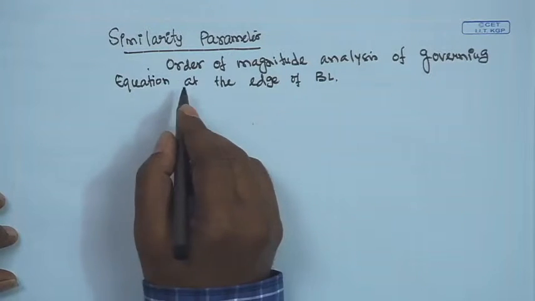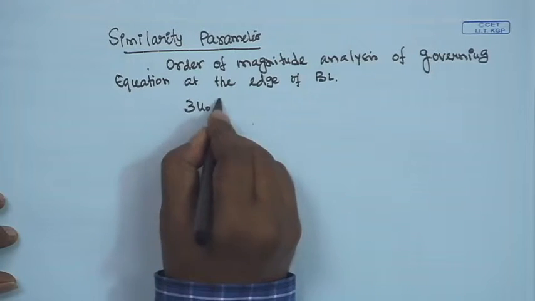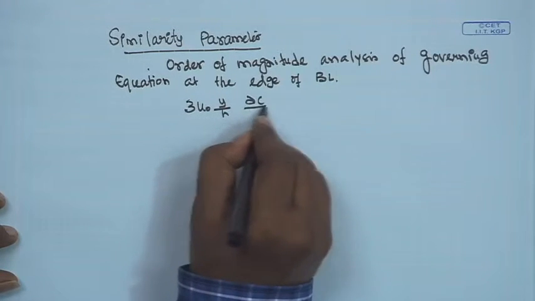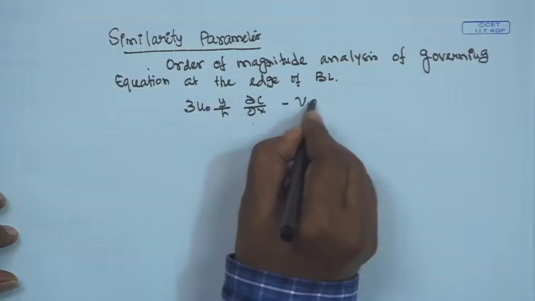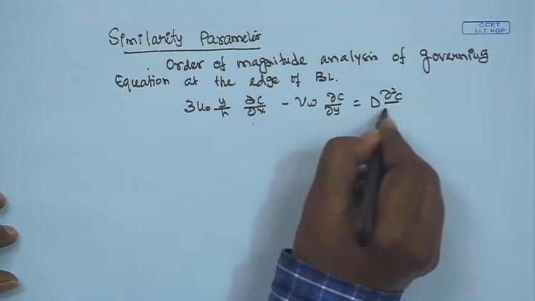So, let us look into the governing equation once again: 3 u0 y by h del c del x minus v w del c del y is equal to d del square c del y square.